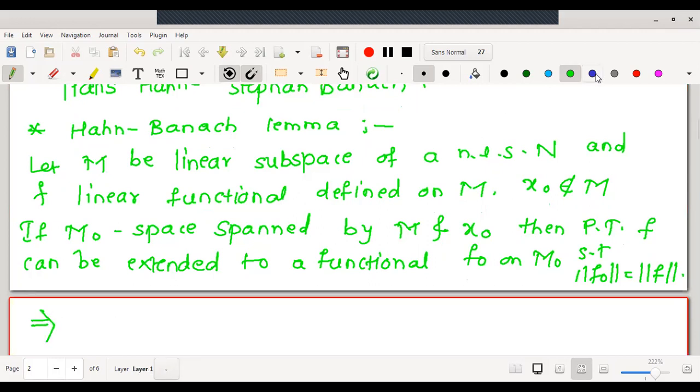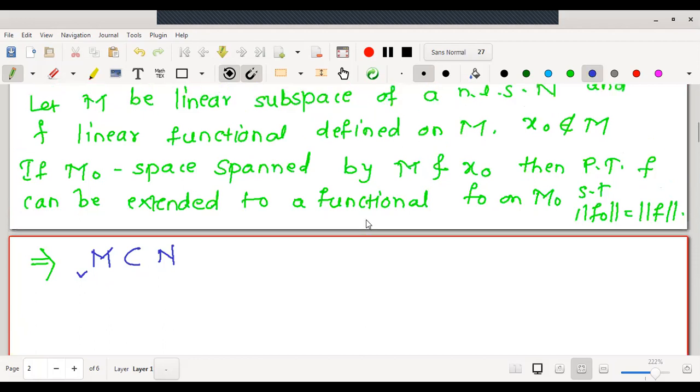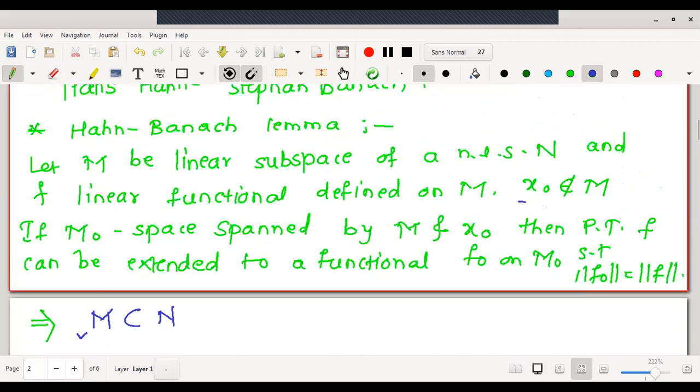M is a subspace of a normed linear space N, and f is a functional defined on the subspace M. There exists one element x naught which is not in M, and M naught is the space spanned by M and x naught, that is, by the basis of M and x naught. Then we want to prove that the functional f can be extended to a functional f naught.